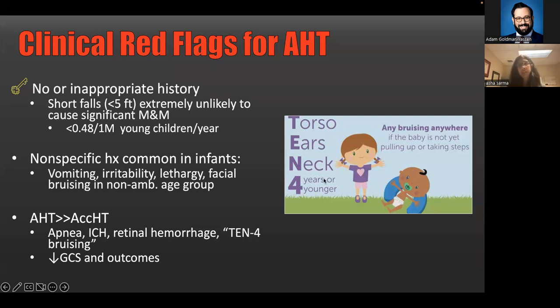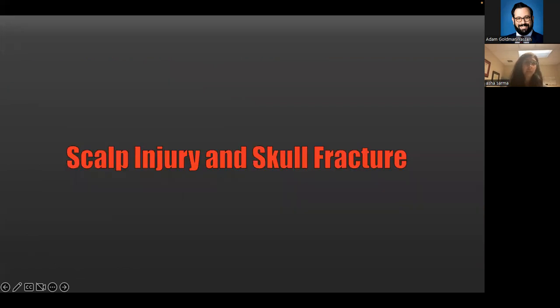So TEN-4 stands for torso, ears, and neck in a patient 4 years or younger. Any bruising anywhere if the baby's not yet pulling up or taking steps, or evidence that the child has been hit with a certain kind of object, where you can see peculiar bruising, low GCS, and outcomes.